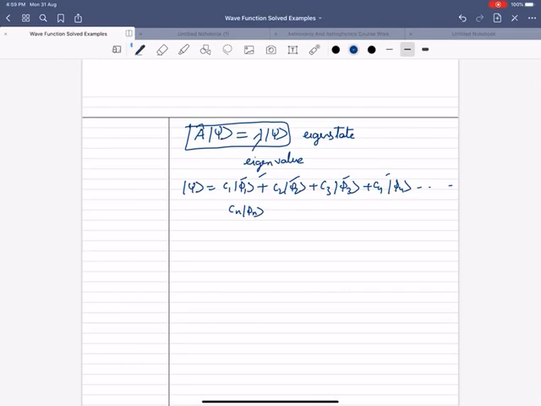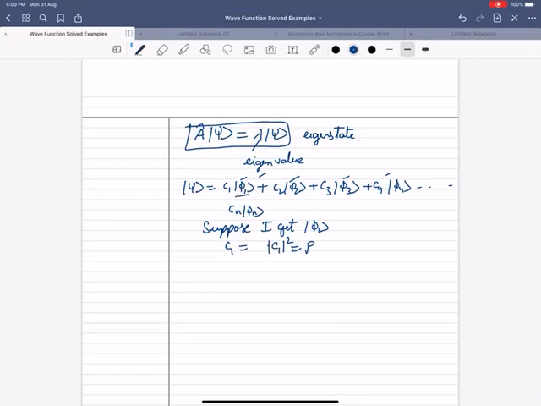Suppose I get phi 1. The corresponding c1 is your constant, and mod of c1 squared, mod of c2 squared, mod of c3 squared, mod of c4 squared give the probability of the corresponding eigenstate.